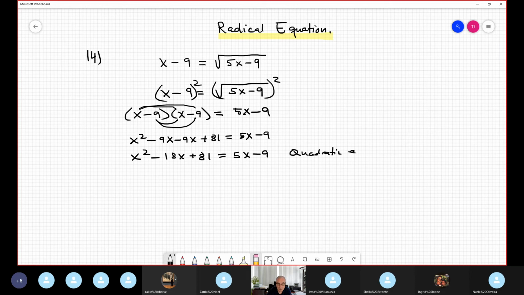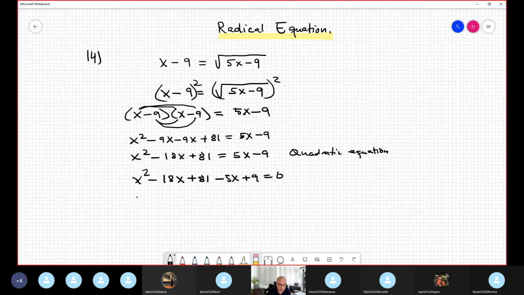Quadratic equation. For solving any quadratic equation, it is mandatory that you express it in standard form and move everything to the left. x squared minus 18x plus 81 minus 5x plus 9 equal to 0. And one more time, we combine like terms.